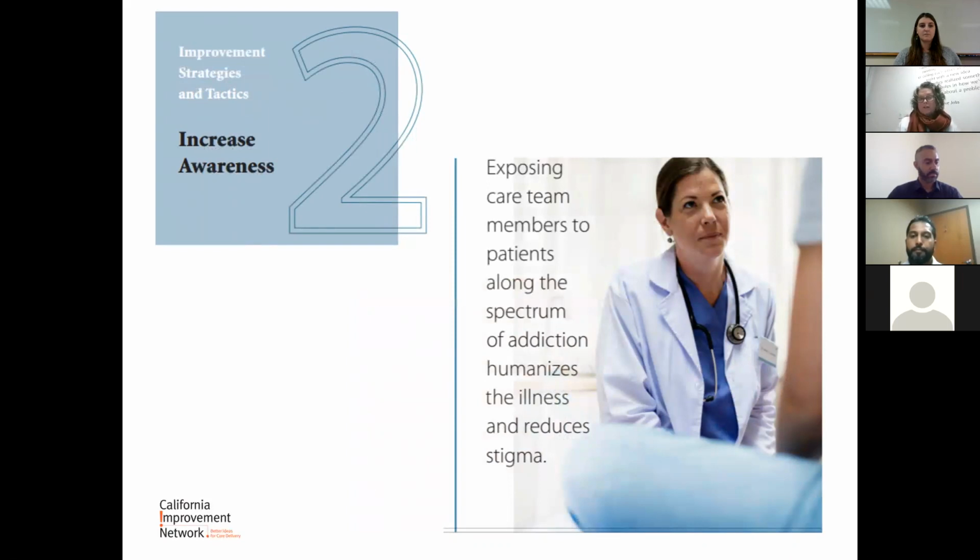Some organizations then took an incremental step to increasing awareness and exposing care team members to patients along the spectrum of addiction, right? Understanding that there's a wide spectrum of what it looks like, but basically humanizing it and connecting it to the patients they know and love, and understanding patient challenges and the patient perspective a little bit better.